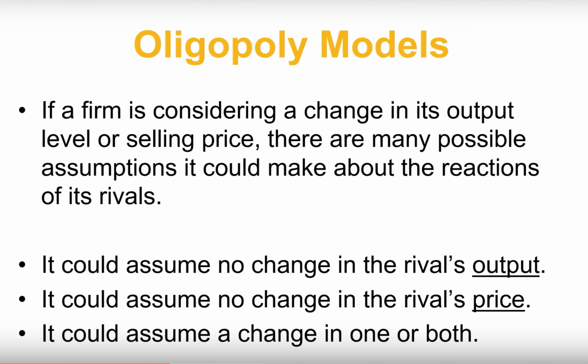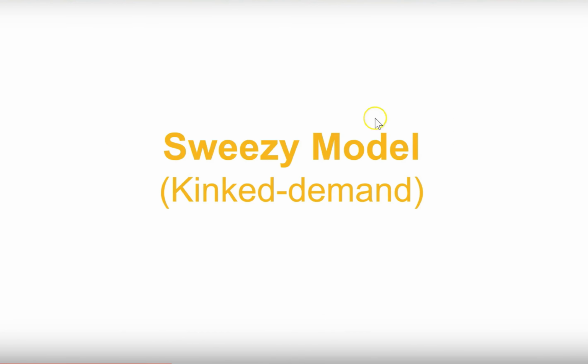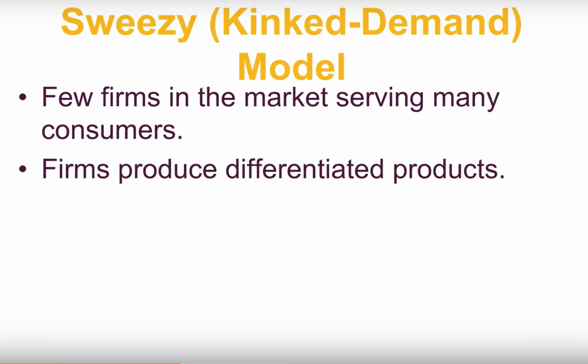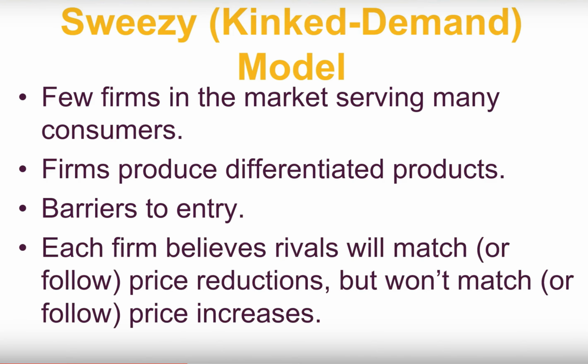Now, let's look at that assumption via the Sweezy model or the kinked demand curve model. In this case, we have a few firms in the market serving many customers, and they're producing differentiated products, and there are significant barriers to get into this industry.